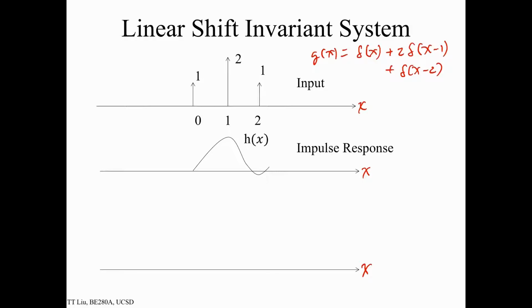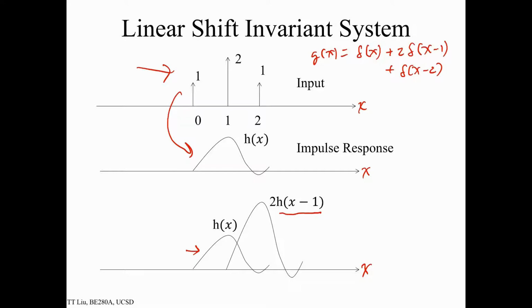And here we have the impulse response. This is the response to this impulse at 0. So far we've just defined things. Now we're asking what is the response of our system to this entire input. The first impulse gives rise to this response. The second impulse, because of shift invariance, gives a shifted version.